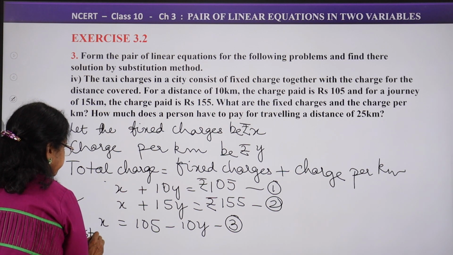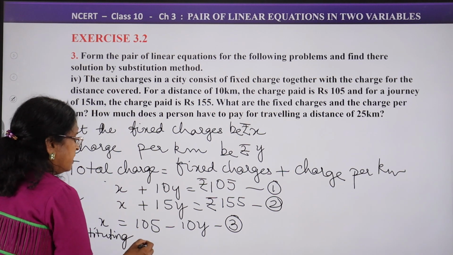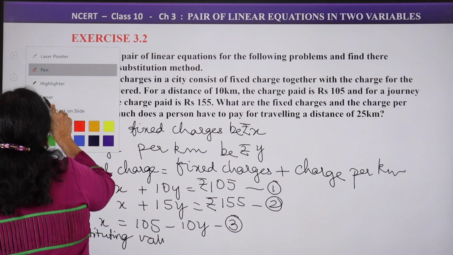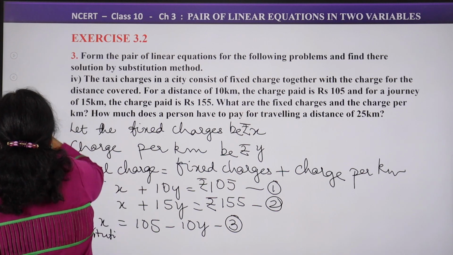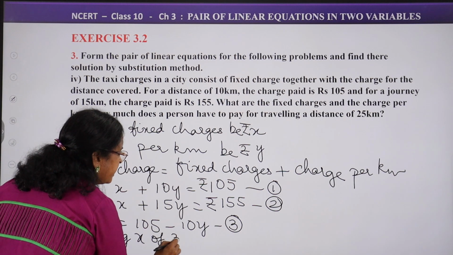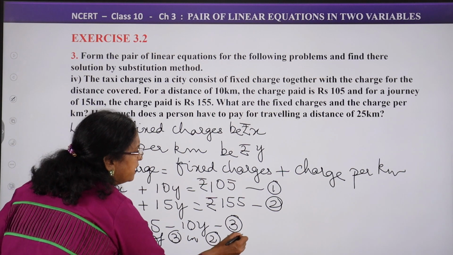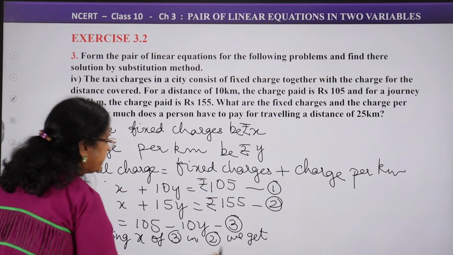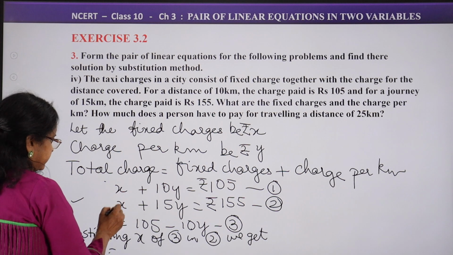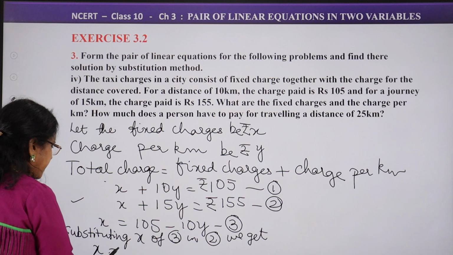Now if this is equation 3, then substituting X, only X. Substituting X of 3 in, we took 1, so I will write 2. We get, what do we get? X is equal to 105 minus 10Y.